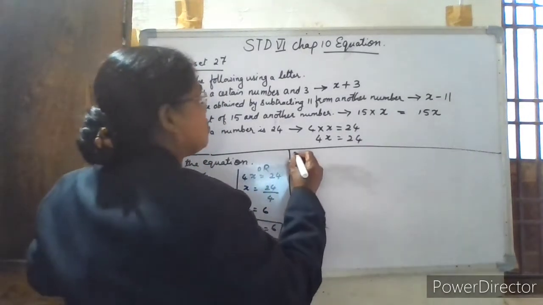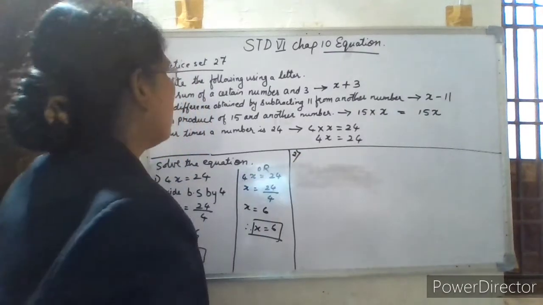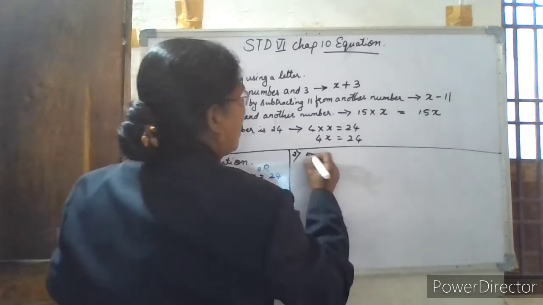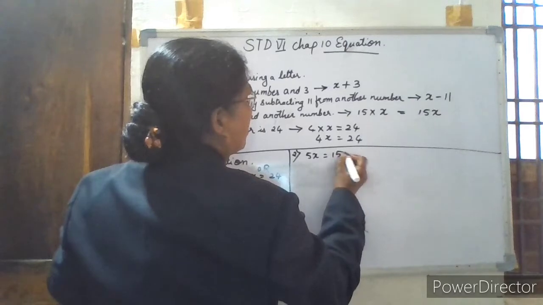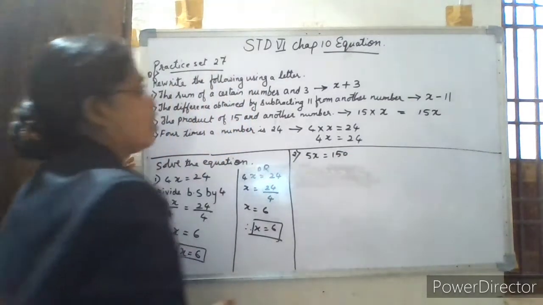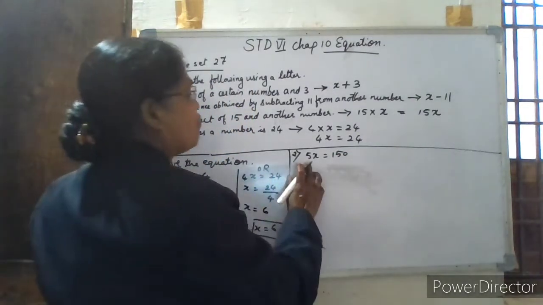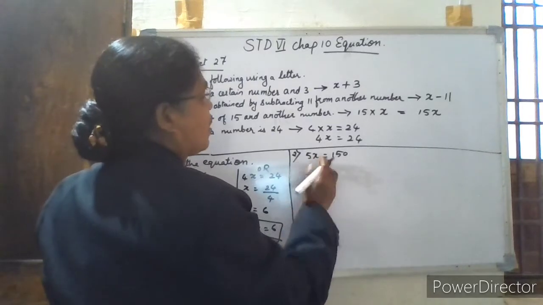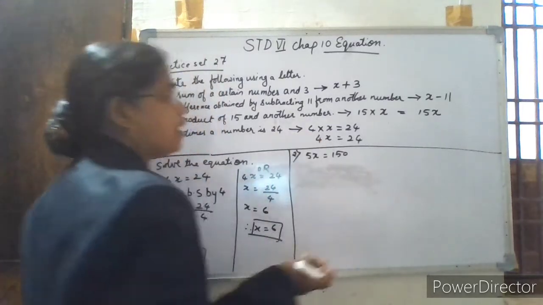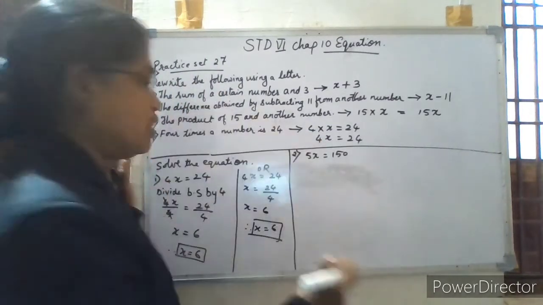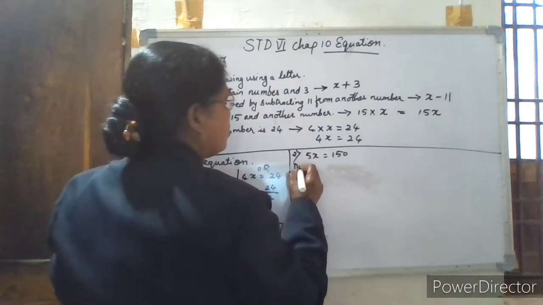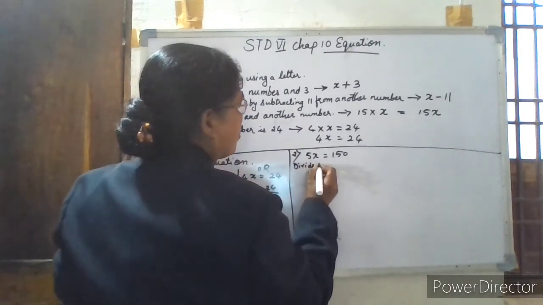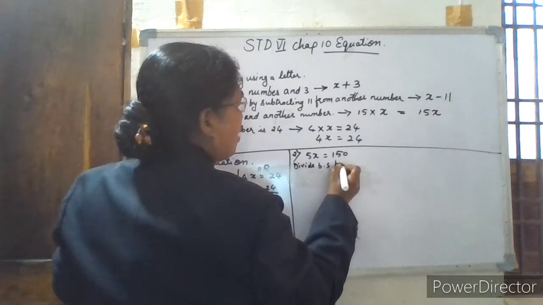Now the second equation: 5x is equal to 150. 5x means 5 into x. The opposite of multiplication is division, so divide both the sides by 5.